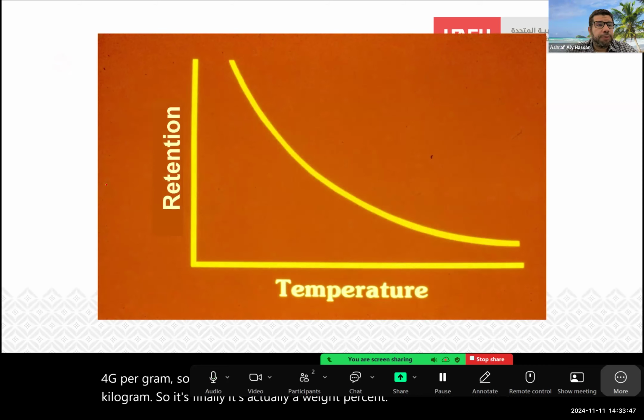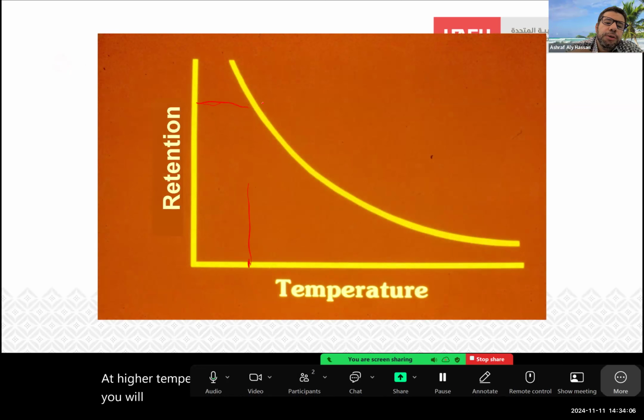It doesn't have a unit, yes. So the retention is a function of temperature. Usually, the retention decreases at higher temperature. Can you think why that is? At lower temperature, you will have high retention, and at higher temperature, you will have low retention.